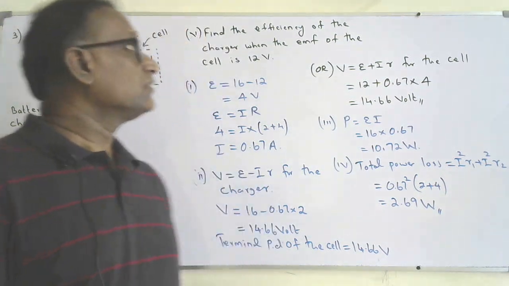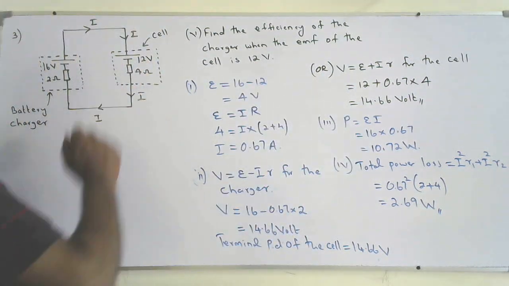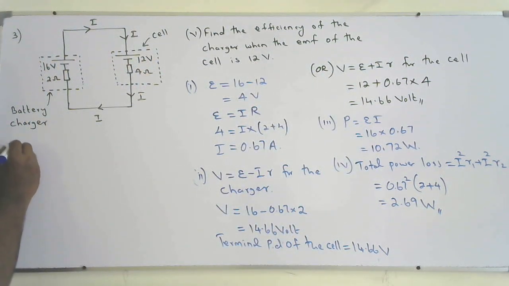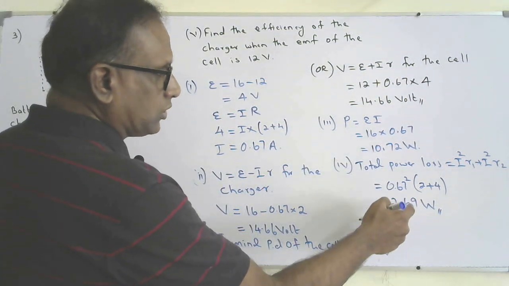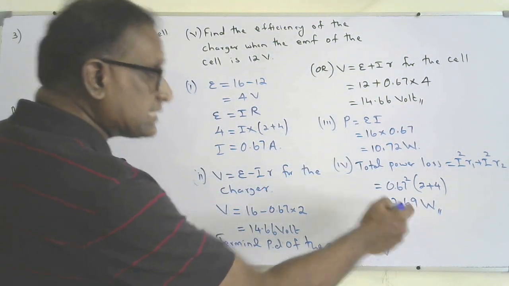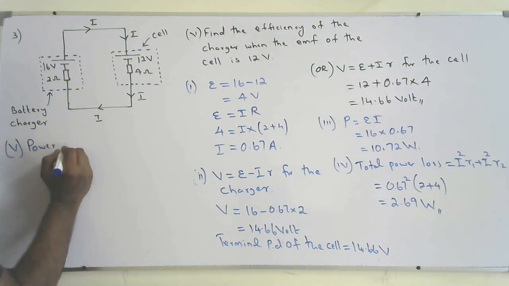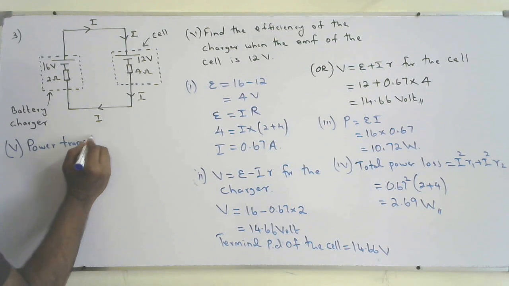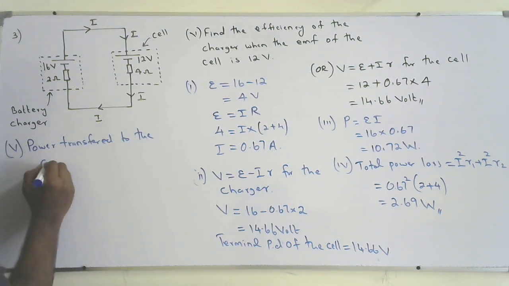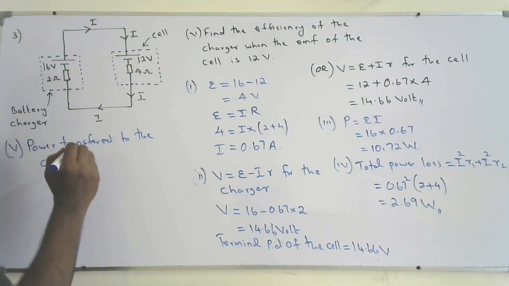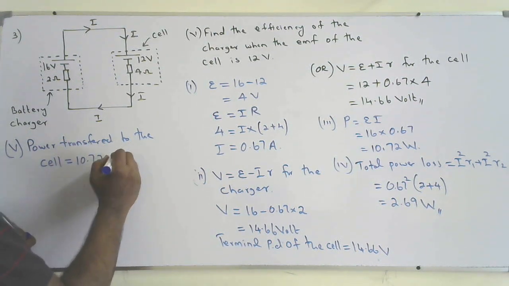So last part, find the efficiency of the charger when EMF of the cell is 12 volt. So efficiency, I know the total power generated, I know the total power wasted. So power transferred to the cell will be total power generated minus power wastage.